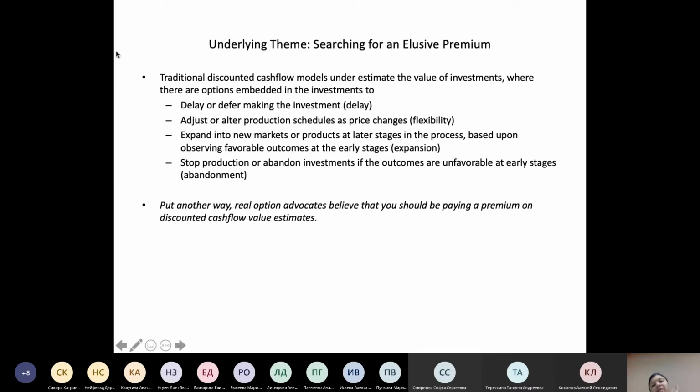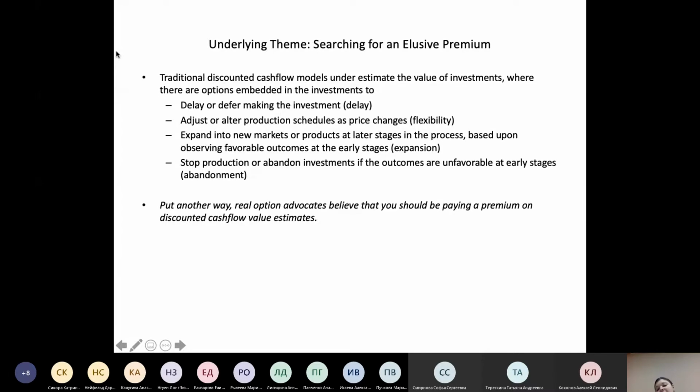Put another way, real option advocates believe that you should be paying a premium on discounted cash flow value estimates. And certainly in our project, our real options have another reflection, and they can modify, they can change the financial results of our investment project, first of all.